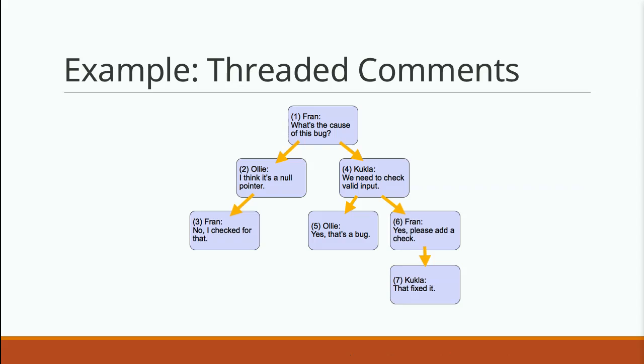So here's an example of a threaded comment set. Maybe this would be a conversation you'd see in a discussion between engineers on a bug database. Have you tried this troubleshooting? We need to put in a valid input check. Yes, that's a bug.